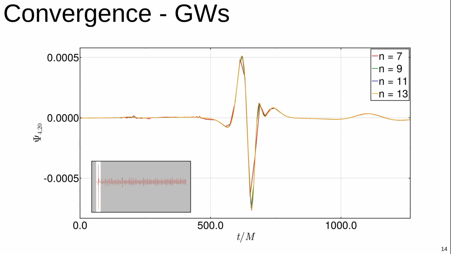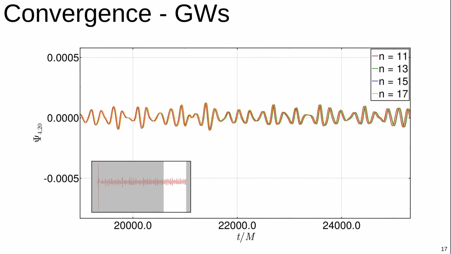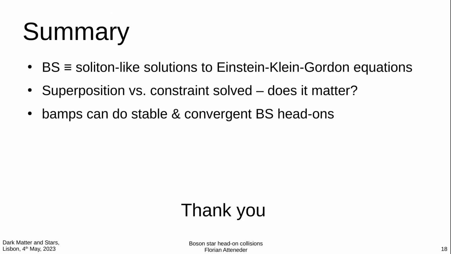You will see that the differences go away. So something has changed. Now we can play the same game if we focus on the late part of the signal, where we have accumulated quite some phase differences over time between the different resolutions. But again, if I swap the slide, there appears to be something convergent. And that's a very nice result for us. With that said, I want to thank you for your attention.